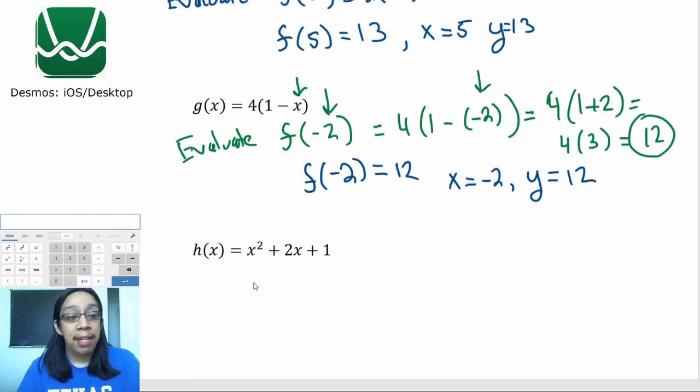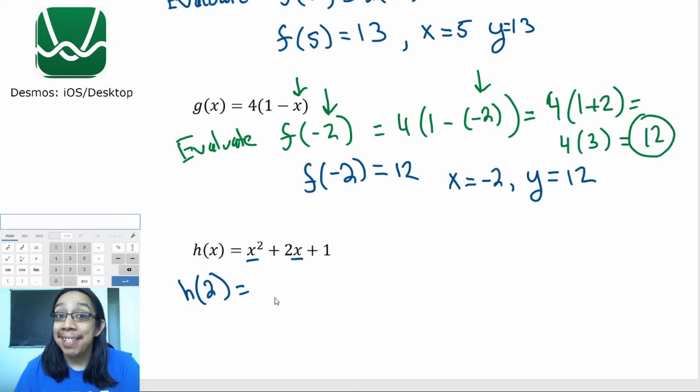H of x is equal to x squared plus 2x plus 1. So let's go ahead and evaluate this time h of 2. So what's the game plan here? Well, you might notice that we actually have more than one variable in our equation. We have more than one letter. So what's the game plan? The game plan is simple, and it's the same.